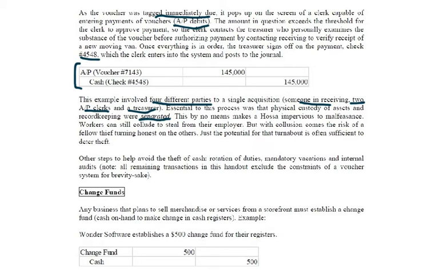Now, does this mean that the company, in this case HOSA, is impervious to malfeasance, that they cannot be the victims of any kind of theft? And the answer is no. Workers can still collude and steal, but with collusion comes what? The risk of somebody getting honest. So what we're trying to do here is to deter theft.